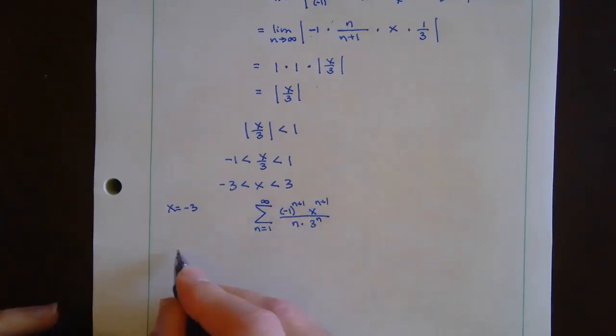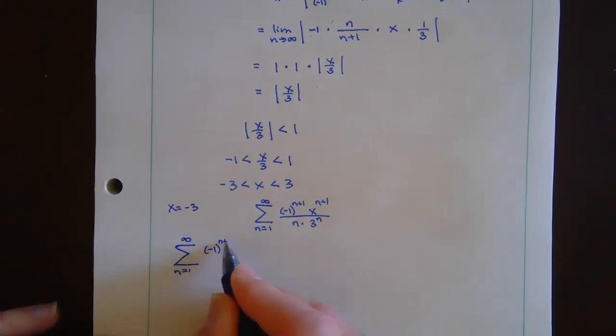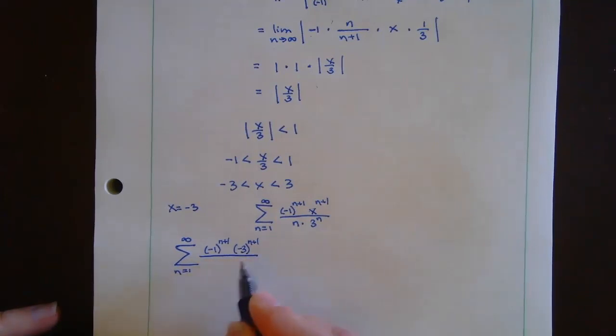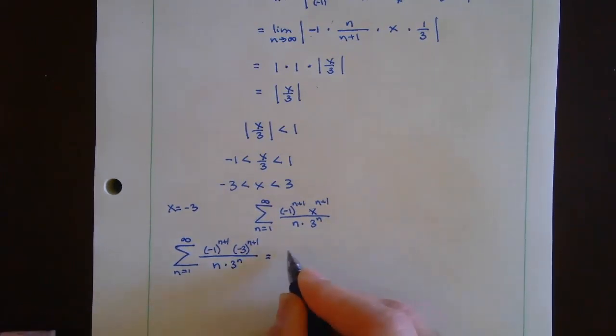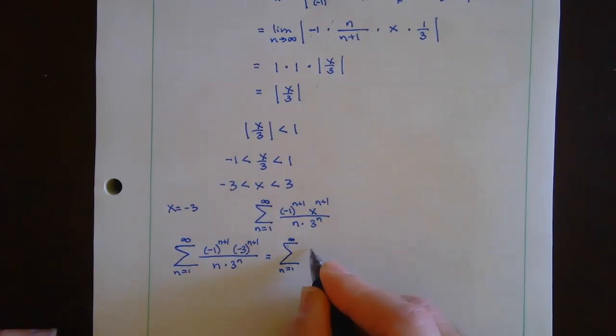So we're going to clean this up: the sum from n equals 1 to infinity of (-1) to the n plus 1, (-3) to the n plus 1 over n times 3 to the n. Okay, so this is the sum from n equals 1 to infinity. This is still (-1) to the n plus 1.